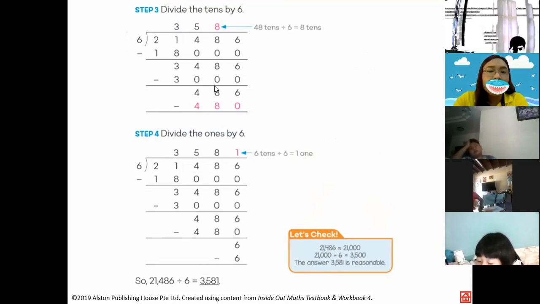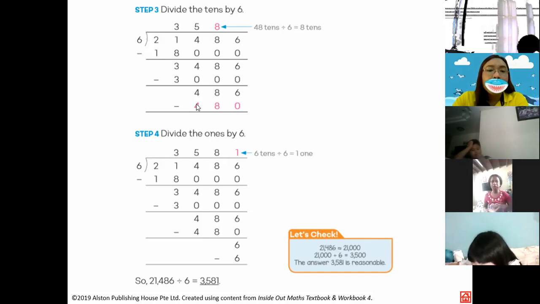So we have 48. Now we divide 48 by 6, that's 8. Then we multiply 8 by 6, that's 48. We subtract 48 minus 48, that's 0.